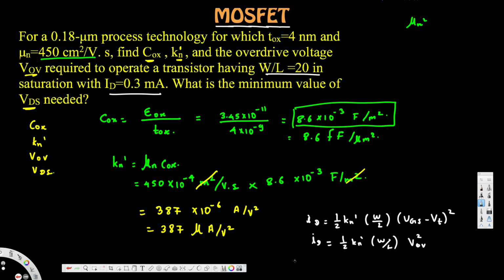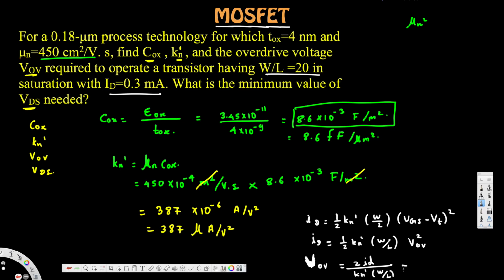Now from this one we are going to rearrange this equation and bring an equation for VOV. VOV is going to be, if I bring this 2 to this side, 2ID divided by Kn prime divided by W over L, right?